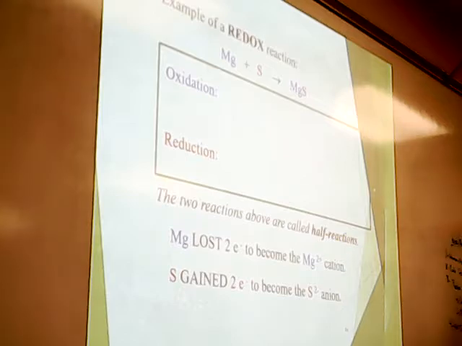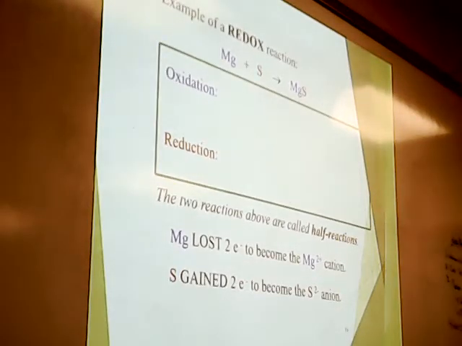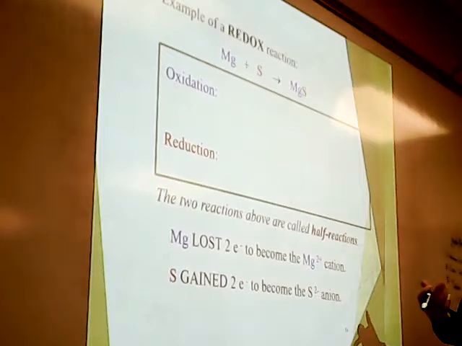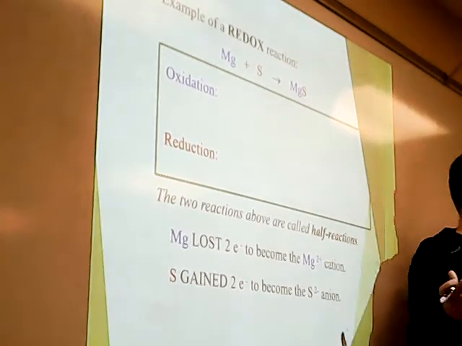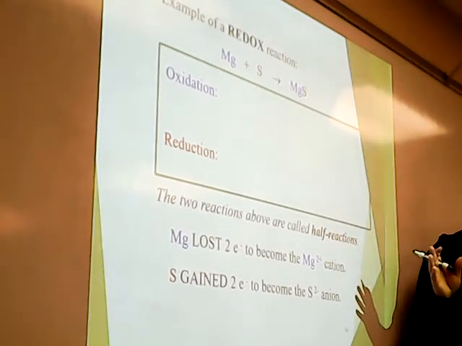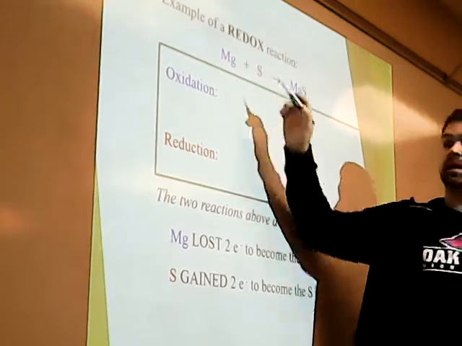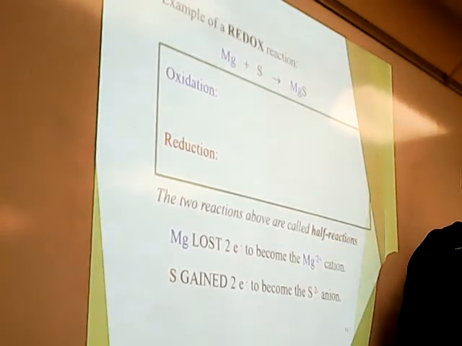So here we go. Is this a double replacement reaction? So should we expect a redox to occur? Yes. Okay, that's the first part. Step one is to do all of the oxidation numbers for every element up there. So what's your oxidation state of magnesium, Jacob?